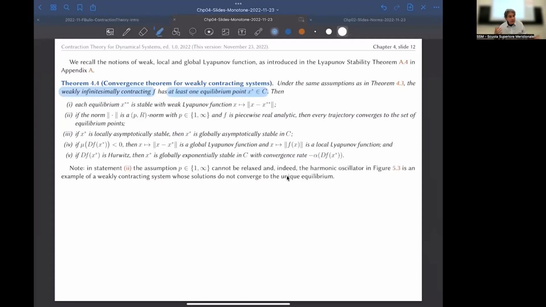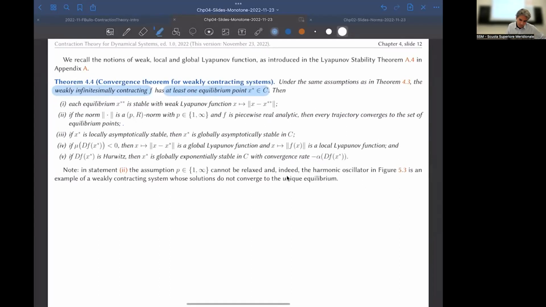In the literature, there are various different conditions that do that for you. Here, I don't have a single condition. I have a hierarchy of conditions that ensure convergence. Does that make sense? Let me show you some of them.